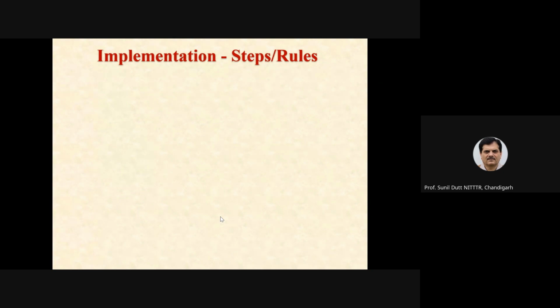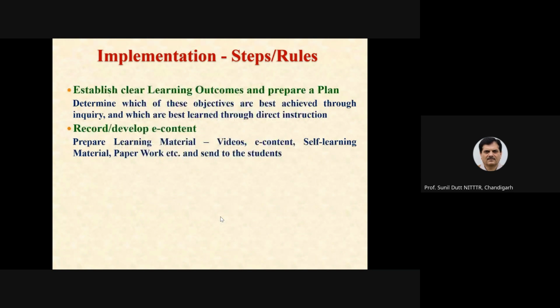Firstly, as I told you, you have to prepare the plan. So your plan must include the learning outcome. Establish or formulate learning outcomes, that is, after the topic is over, what the student will be able to do, and for attaining those learning outcomes, prepare a plan.